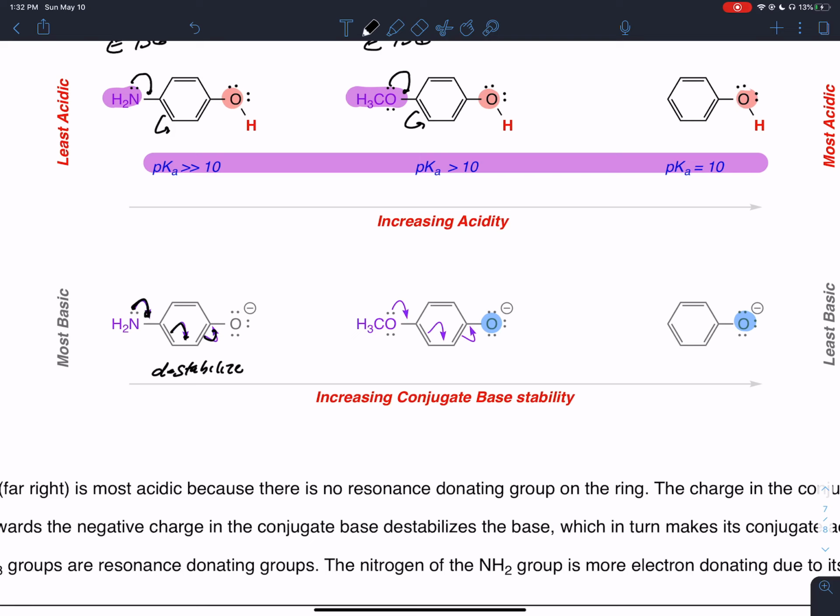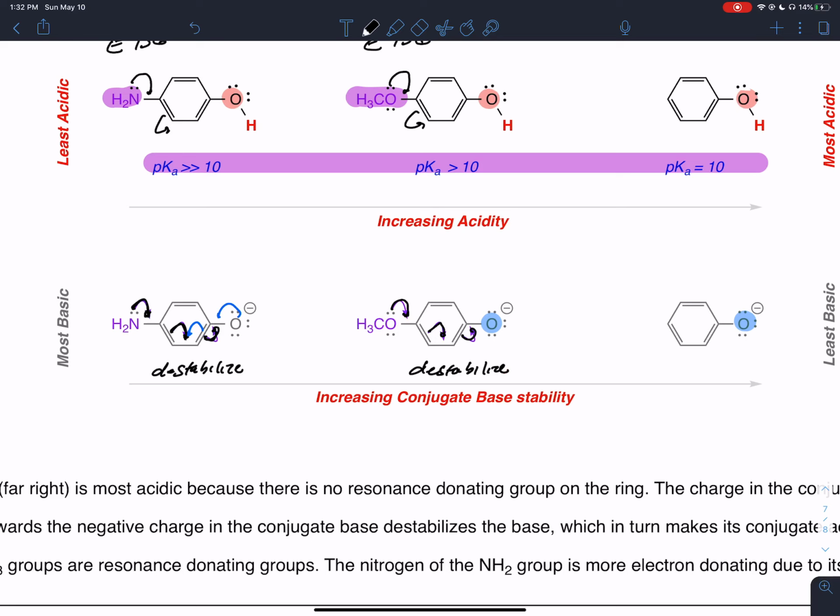That resonance donation towards the site where the acidic hydrogen was taken from is then acting to concentrate that negative charge, and it makes it less likely that we get this nice stabilizing resonance around the ring. That's really important. The OCH3 group is also going to be resonance donating, so it also will destabilize the conjugate base here.